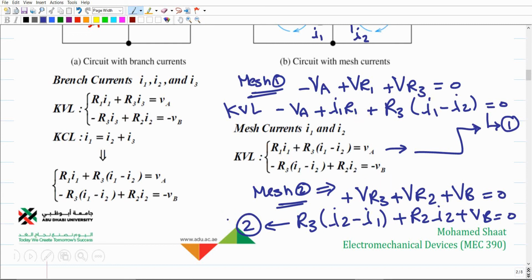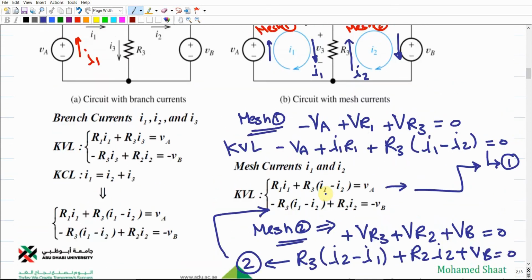The second equation is the same: negative R3 (I1 minus I2), and if you multiply the negative inside, it's R3 (I2 minus I1) plus R2 I2. Then if you move VB to the other side, it's negative VB. So we got the same two equations, and this is how the mesh current method works.